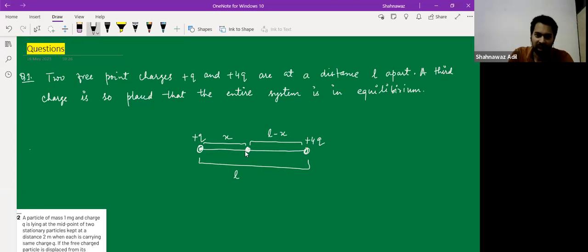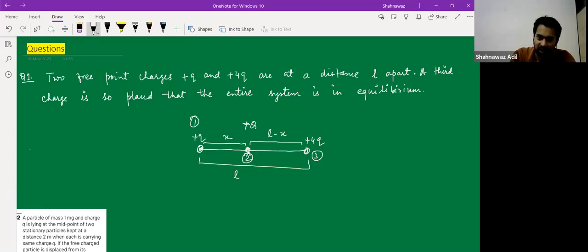Okay, let's say if you put a positive charge, then what will happen? Let's divide this as one point, this is second point, and this is third point, right? At this point, you have force due to this charge, and at this point, we have force due to this charge again.